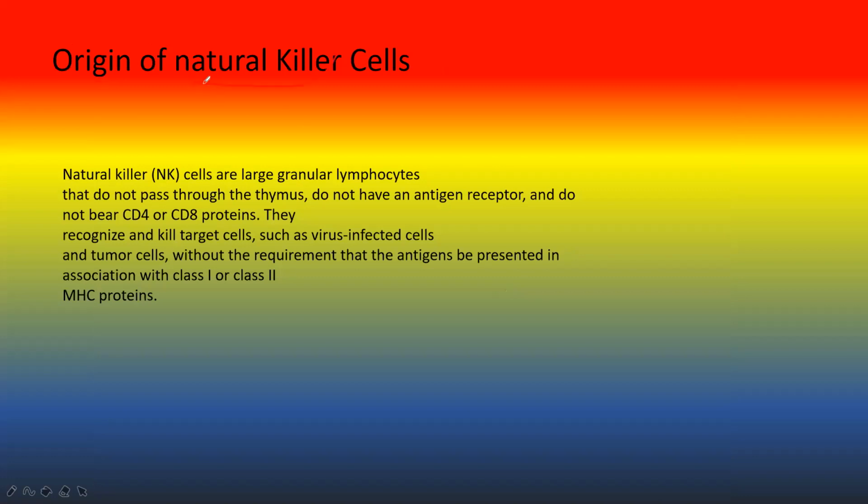B cell and T cell are done. Now the natural killer cell. Natural killer cells are also lymphocytes, but they do not pass through the thymus and they do not interact with antigen presentation. They do not have CD4 protein or CD8 protein.